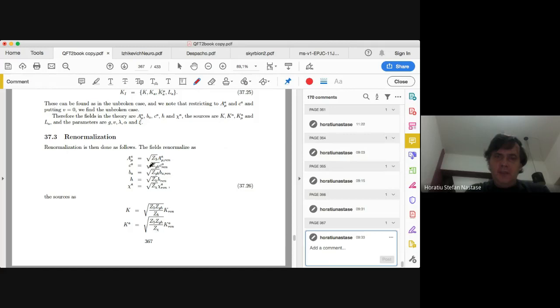Well, we renormalize first the fields: A mu a with what is historically called square root Z3, as we remember, the ghosts b and c with square root Z ghost, and then for the scalar fields, for the Higgs h with square root Z h, and for the would-be Goldstone boson chi with square root Z chi.